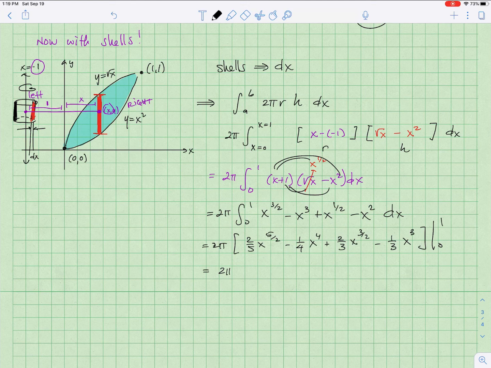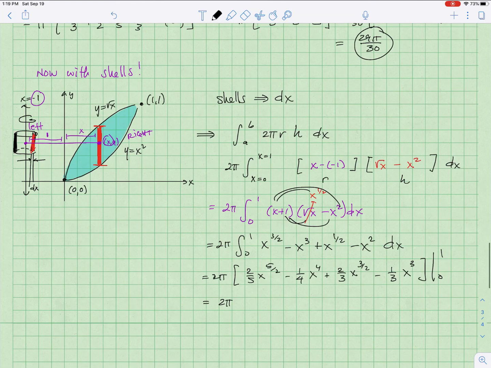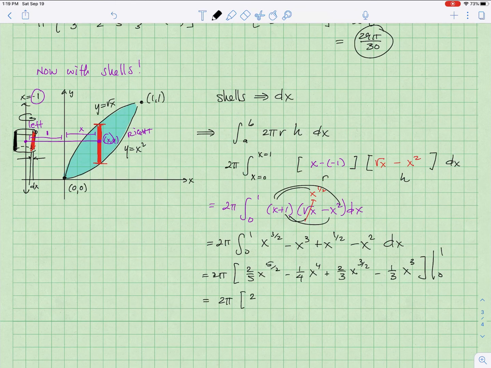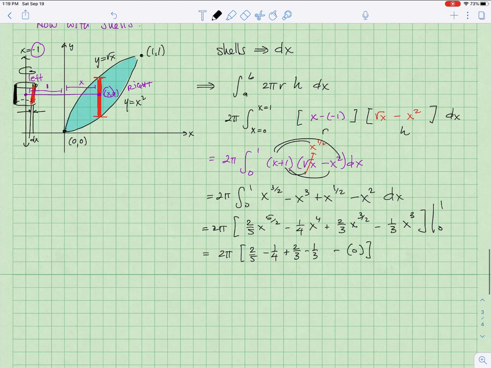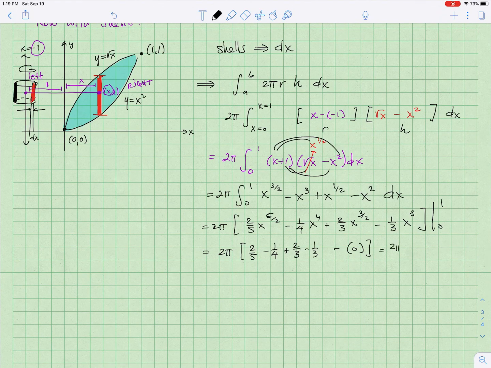And we have 2 pi times 2/5 minus 1/4 plus 2/3 minus 1/3 minus 0. If we clean that up a little bit, that's 2 pi times 2/5 minus 1/4 plus 1/3. The common denominator for 5, 4, and 3 is 60.